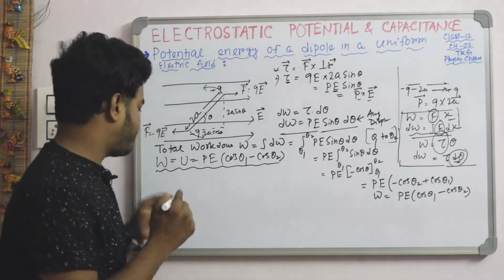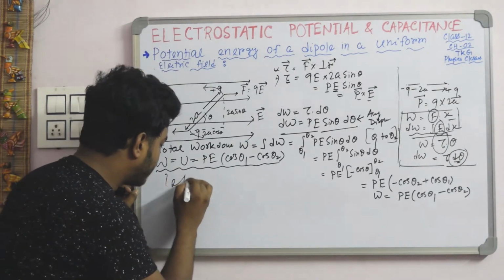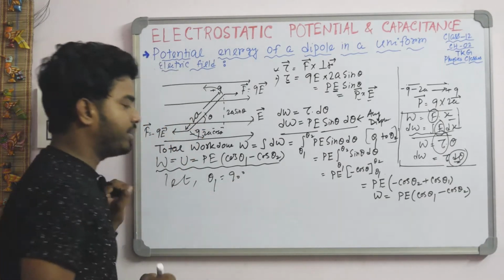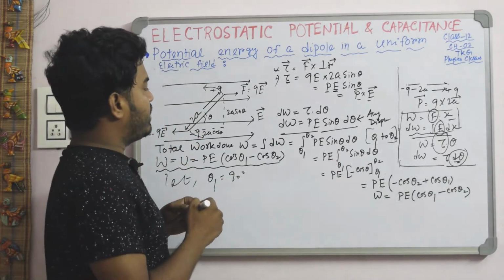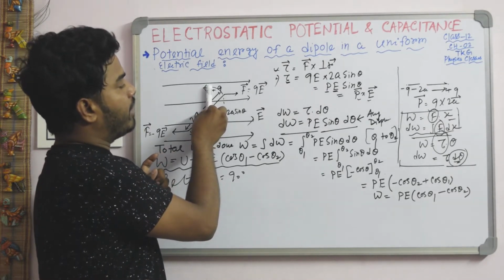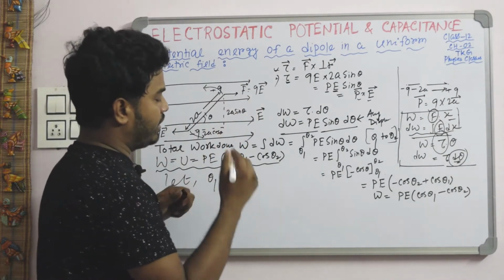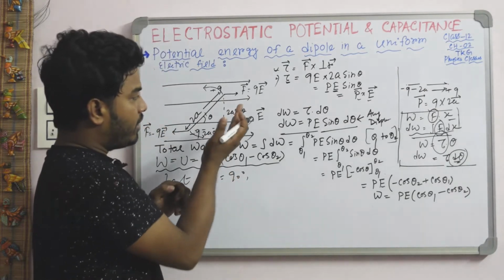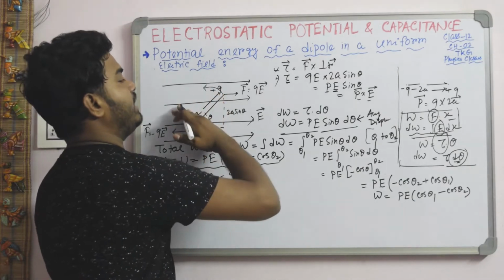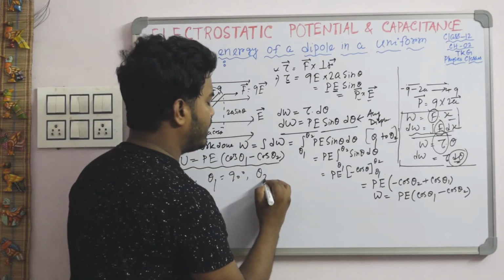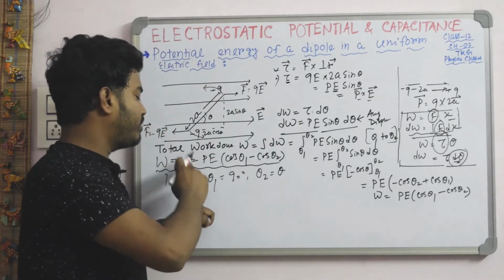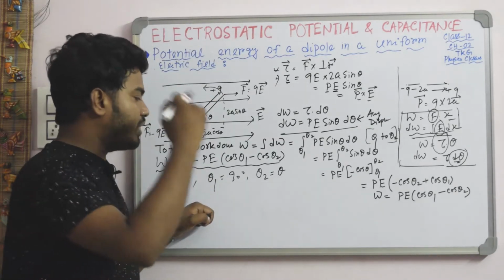Now suppose theta 1 is equal to 90 degrees. That means this dipole is placed perpendicular to the electric field, and then it is rotated through an angle theta, so here theta 2 represents theta. Then what will be the expression of U, the potential energy?